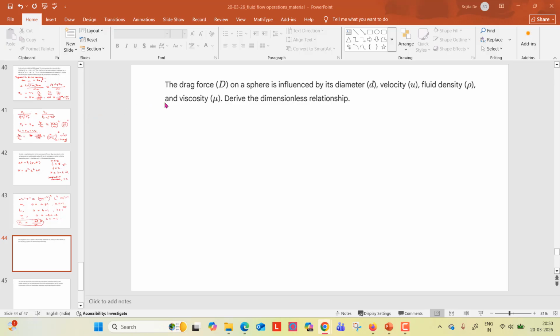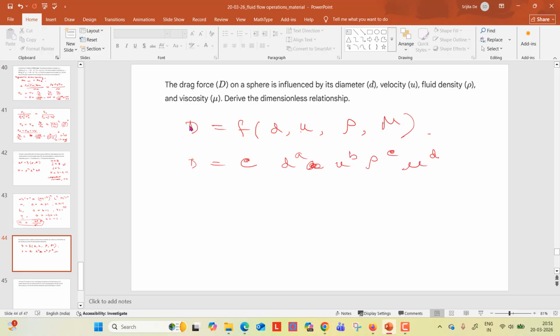So now D is a function of diameter, velocity, density, and viscosity, right? So you can do it with the Rayleigh method. So what will come? Rayleigh method will be D to the power a, u to the power b, rho to the power c, mu to the power d.